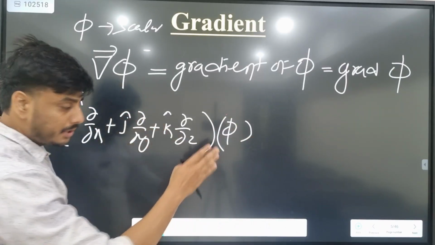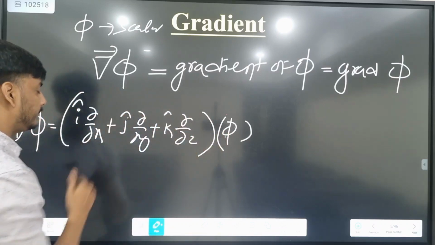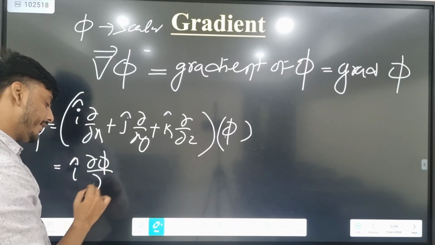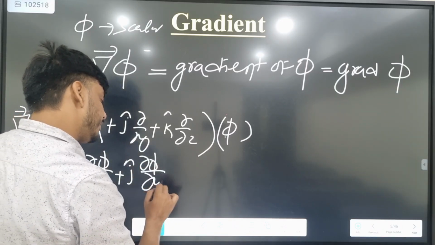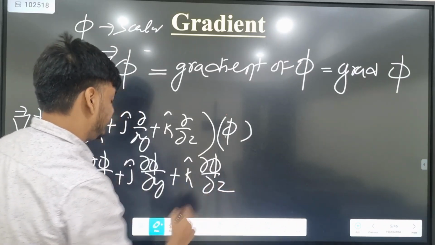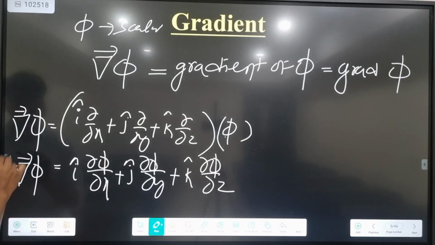Since it is normal multiplication, you can simply multiply phi with the first term, phi with the second term, phi with the last term. Our result will be i cap del phi by del x, j cap del phi by del y, k cap del phi by del z. So this is the result of the gradient of phi.